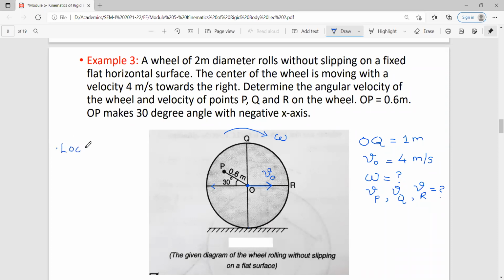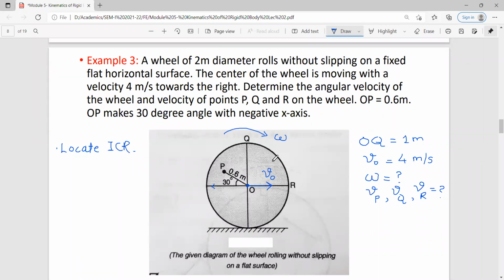You first find the point about which the whole body, in this case the wheel, is turning. So can anyone tell, if this wheel is turning forward, where is the ICR, the point about which it is turning?